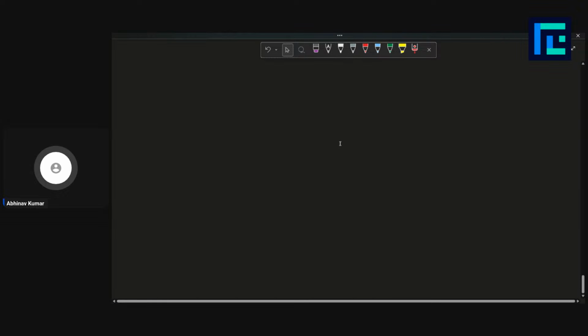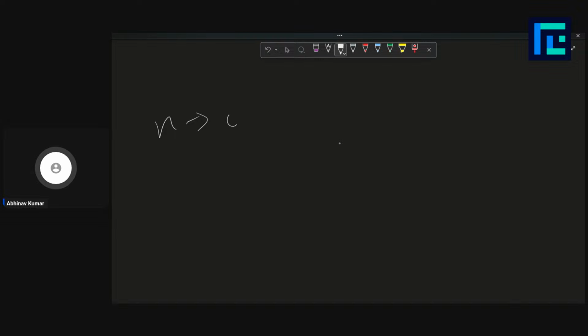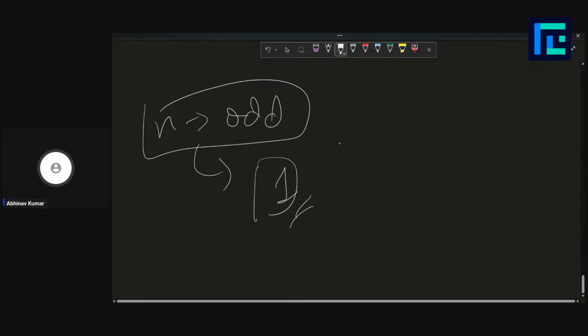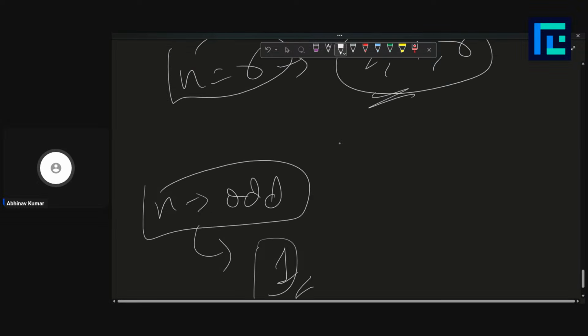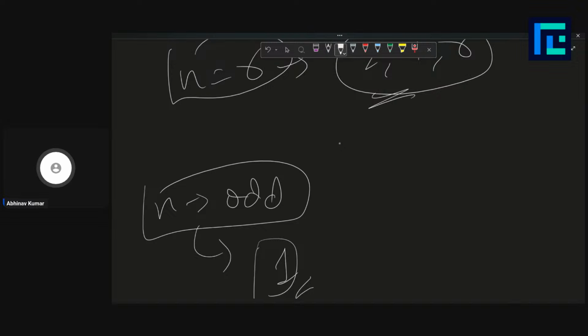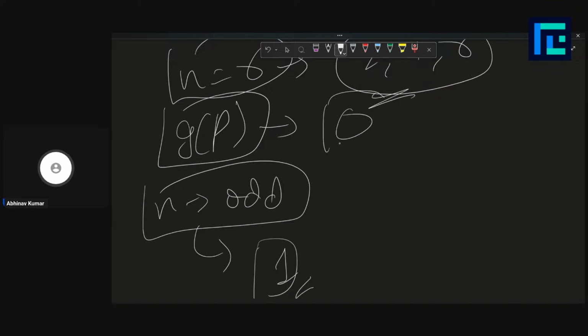So you can say that whenever n is odd, your FP values are always odd. So the minimum you can reduce your FP value to is 1. You can never make it 0. This is the first proof. Can you make the GP of any permutation 0?